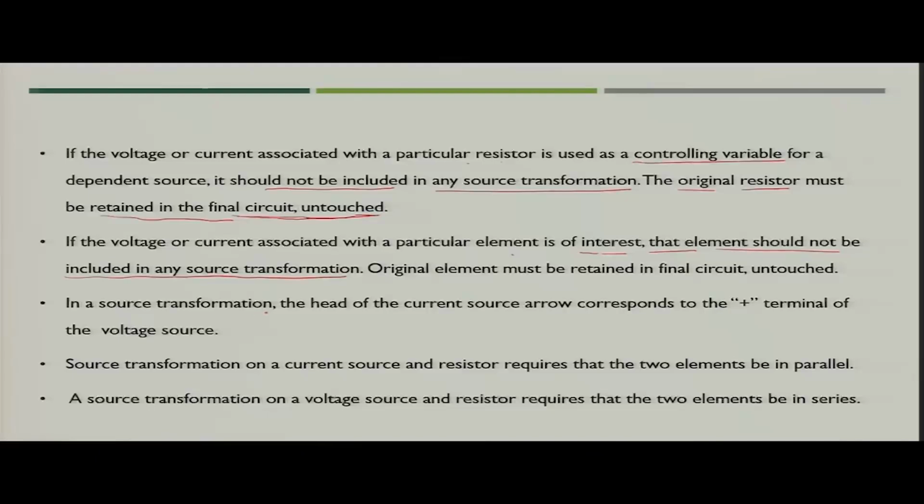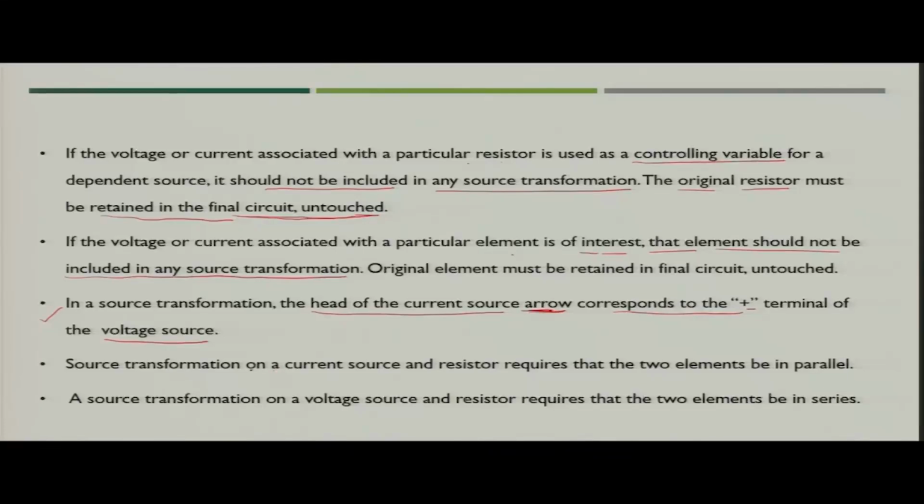Now, in source transformation, the head of the current source, that is the arrow, will correspond to the positive terminal of the voltage source. This is what we have to always keep in mind while transforming a current source to a voltage source.